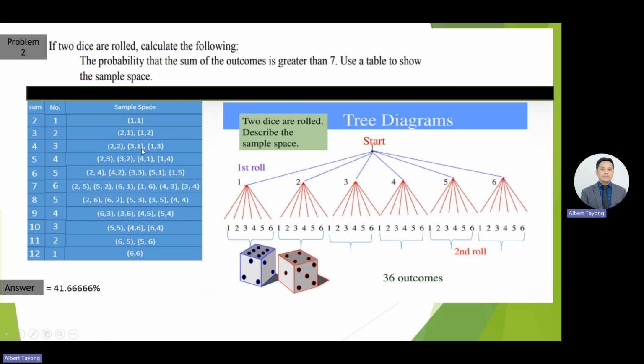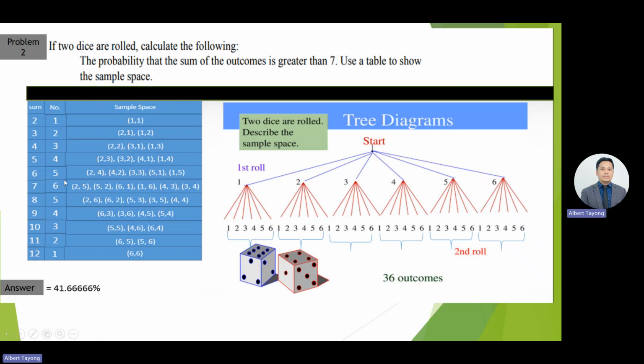So you can have 1,3; 3,1; 2,2. And for 5, there are 4 possibilities, 2,3 until 1,4. For 6, we have 5, 2,4 until 1,5. And for 7, we have 6, 2,5 until 3,4. Okay, so the formula actually is minus 1 to get the number. 2 minus 1 is 1. 3 minus 1 is 2. 4 minus 1, 5 minus 1, 6 minus 1, 7 minus 1.